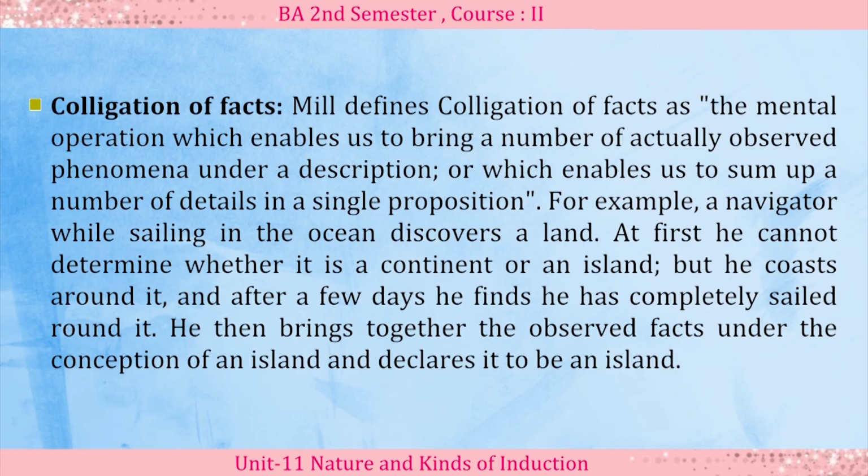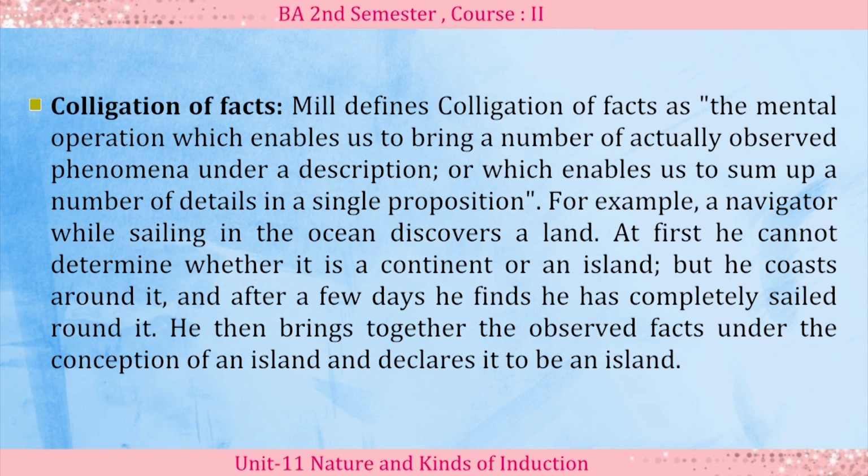He said that a navigator, while sailing in the ocean, discovers a land. At first he cannot determine whether it is a continent or an island, but he coasts around it, and after a few days he finds he has completely sailed around it. He then brings together the observed facts under the conception of an island and declares it to be an island.